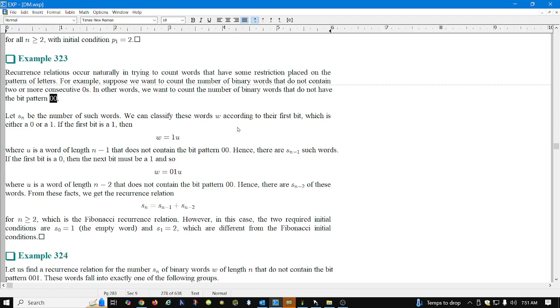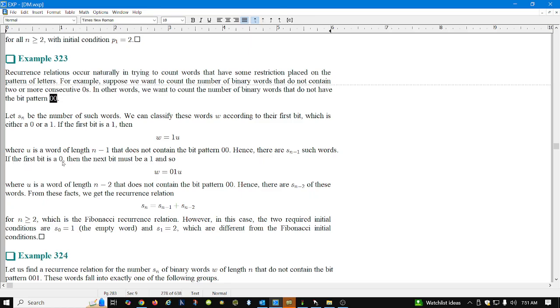We can classify these words according to their first bit, which is, of course, either a 0 or a 1. If the first bit is a 1, then the word has this form, W equals 1U. U is a word of length n minus 1, and it cannot contain the forbidden bit pattern, 0, 0. So there are Sn minus 1 of those words.